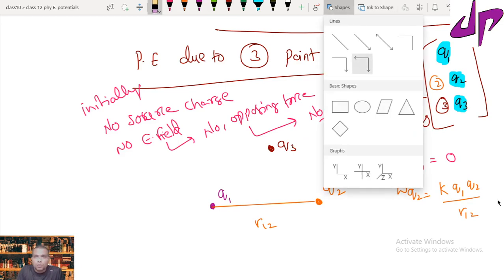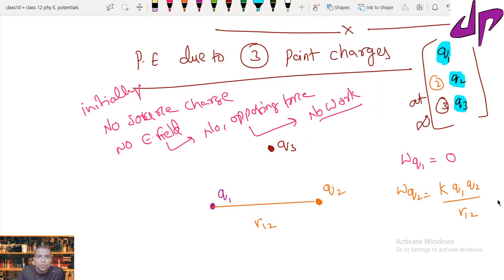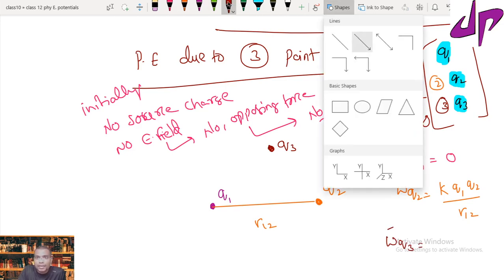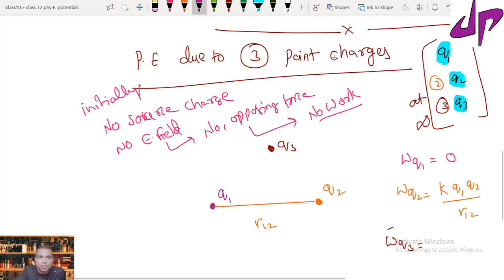So what is the work done by me to bring charge q3? Here q3 is at a distance from charges q1 and q2. From q1 it is at a distance, suppose we take this distance as r13.